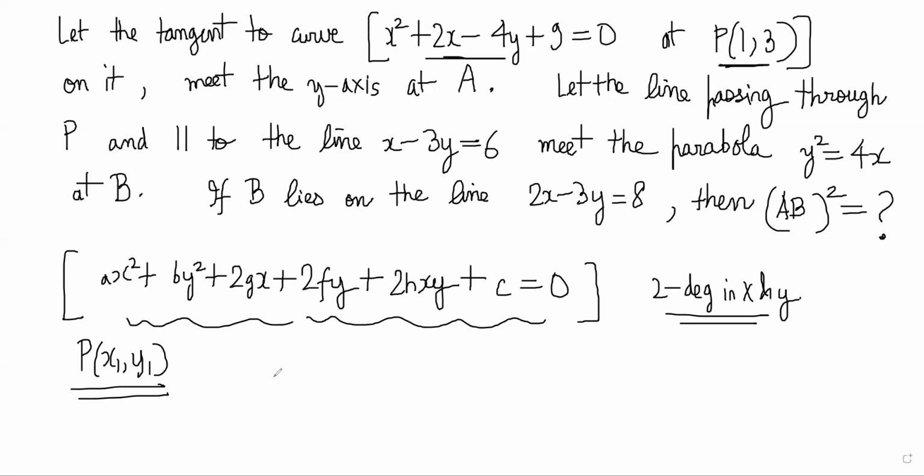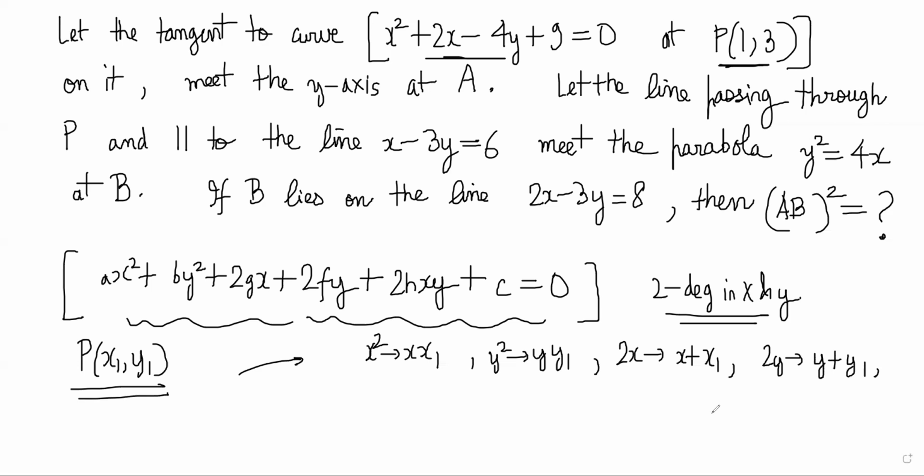You can show by calculus only, but you can show that the tangent equation will always be equal to what you get if you replace x square with xx1, y square with yy1, 2x with x plus x1, 2y with y plus y1, 2xy with x1y plus xy1, and keep the constant as it is.